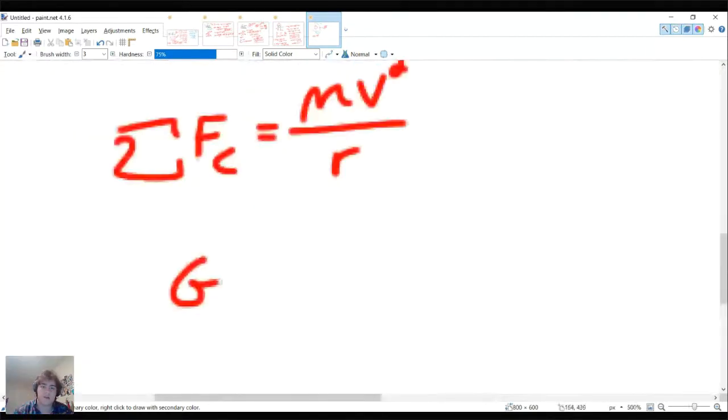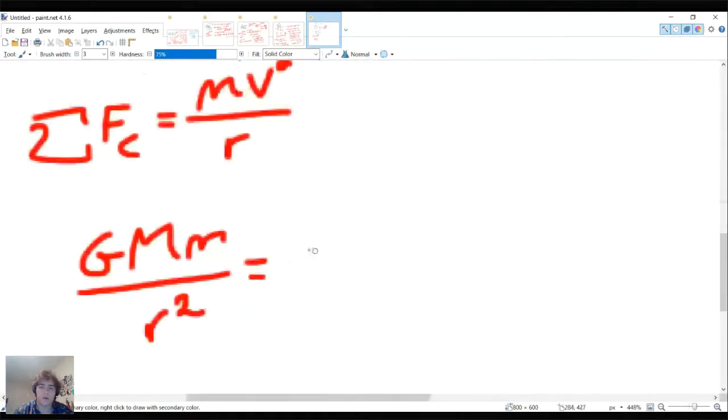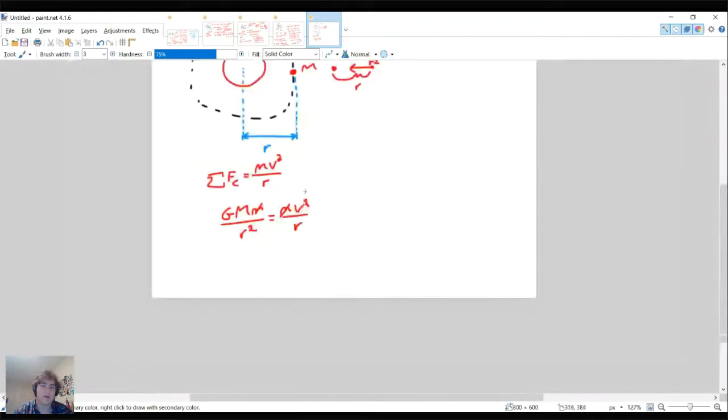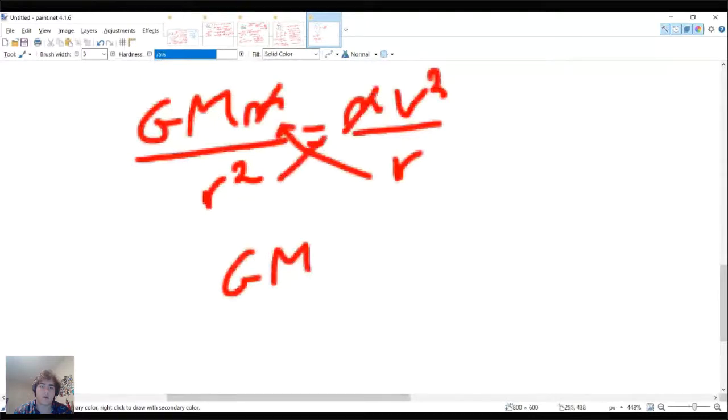So now we have G big M little m over r squared is equal to m v squared over r. And you should already notice that the mass m already goes away. It already doesn't matter that early in the step. So now we have GM. We're going to cross multiply the r this way and the r squared this way.